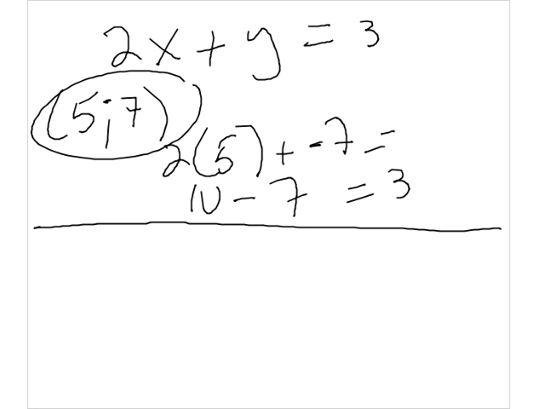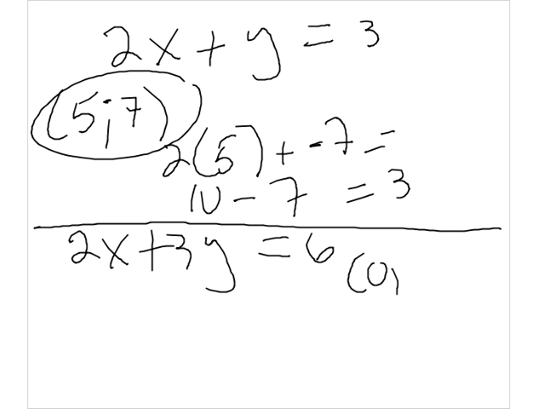And what they're going to do in example 1 now on the bottom of 169 is they give us a new equation, 2x plus 3y is equal to 6, and they want us to find out when x equals 0, what does y equal? And what does x equal when y equals 1?